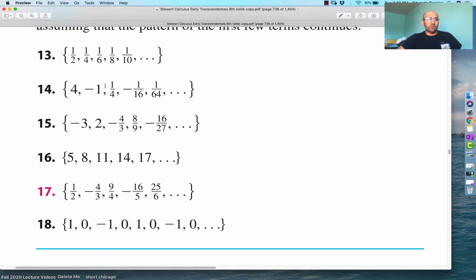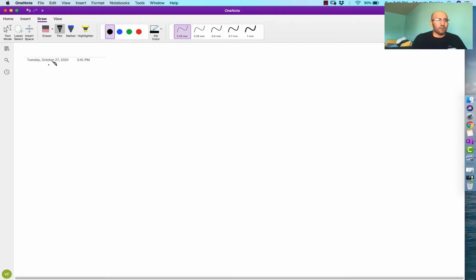And then the numerators, for the most part, are just going to be 1, and then they alternate signs. So it has something to do with alternating signs, and the denominator has something to do with either powers of 2 or powers of 4.